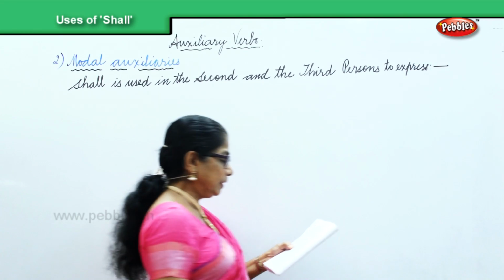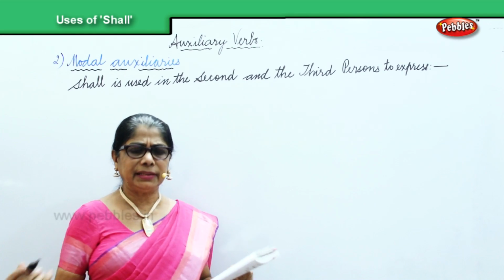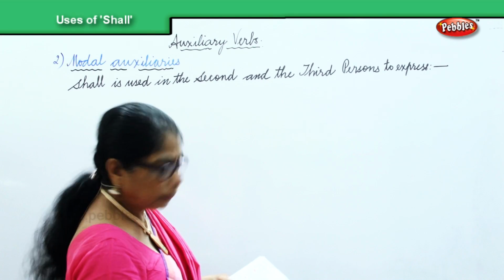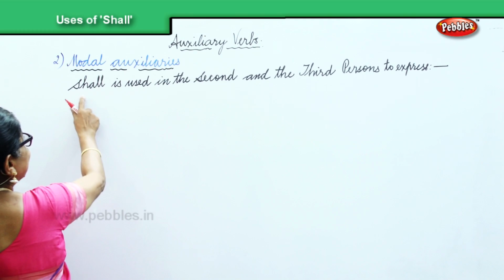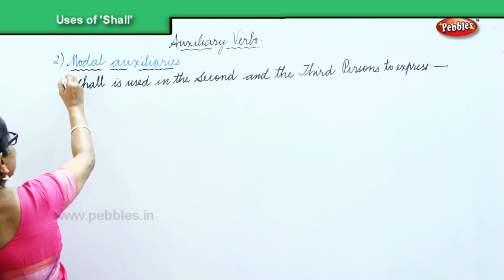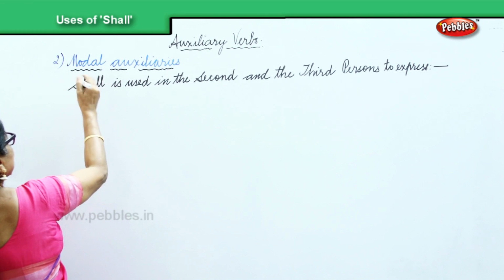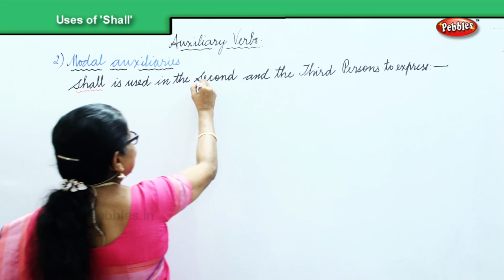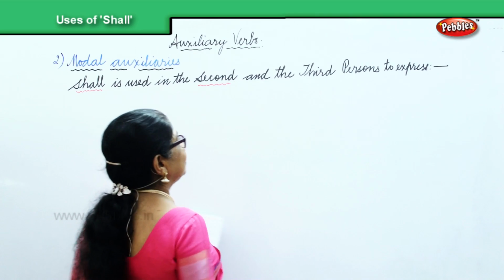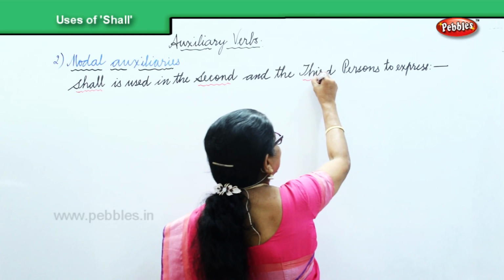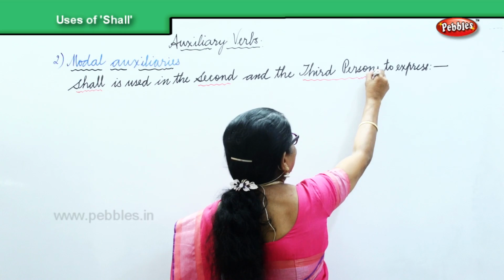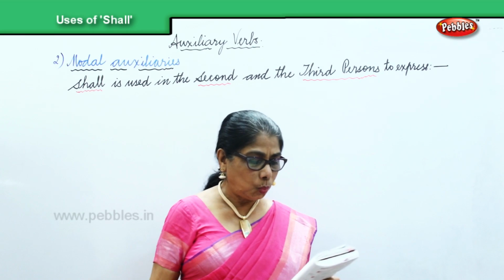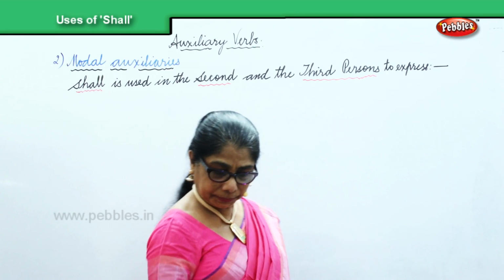To express different things, we are looking at the word shall. It is used in the second and third persons to express various things. One, a promise.